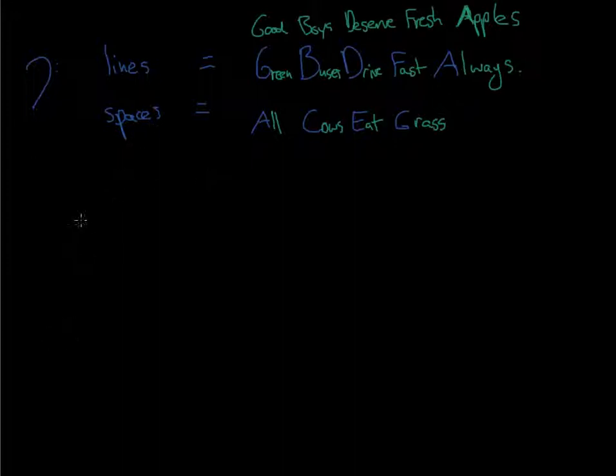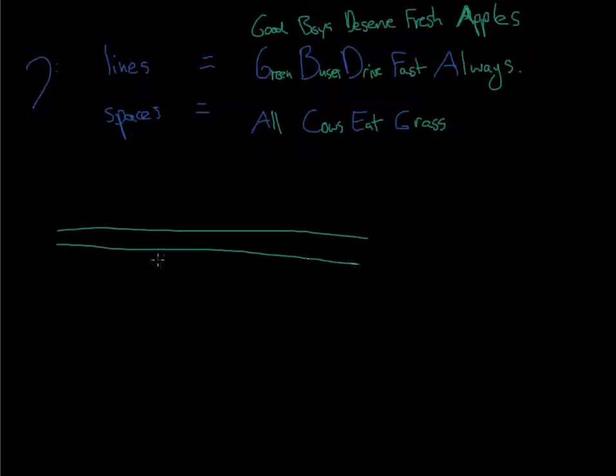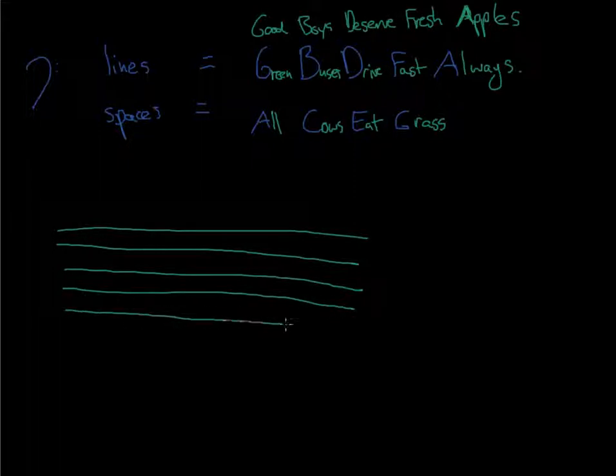For example, let me draw this lovely staff again, 5 lines. Okay, bass clef here. Now, if someone said, tell me what this note is, you could say, easy, it's on a space, all cows eat, E. Okay, that was pretty fast, that's good.